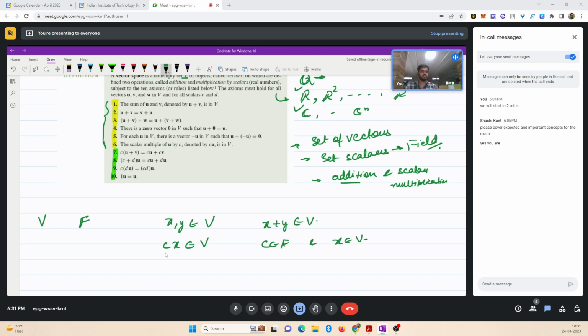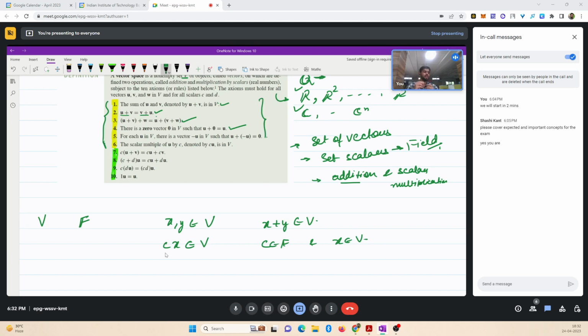These two things are very necessary. But apart from these two things, it must satisfy these properties: it must be commutative, which is the first property that you mentioned and I also mentioned. The second property is that it should be associative, existence of 0 and existence of inverse.